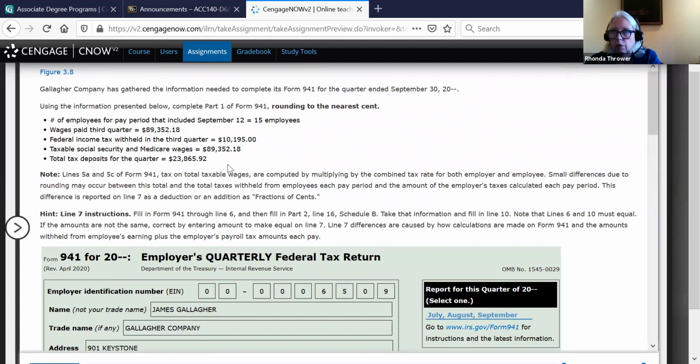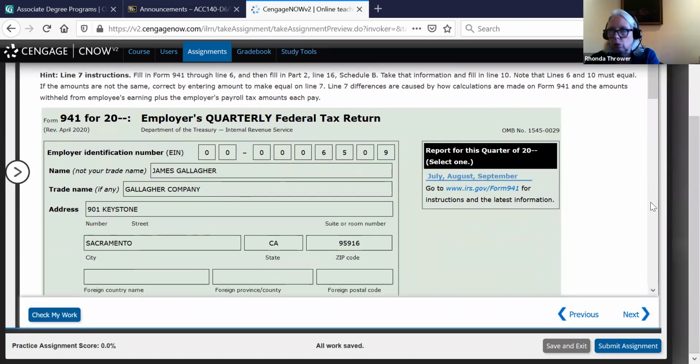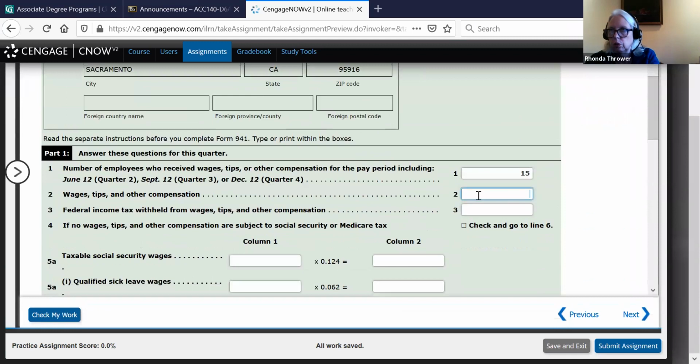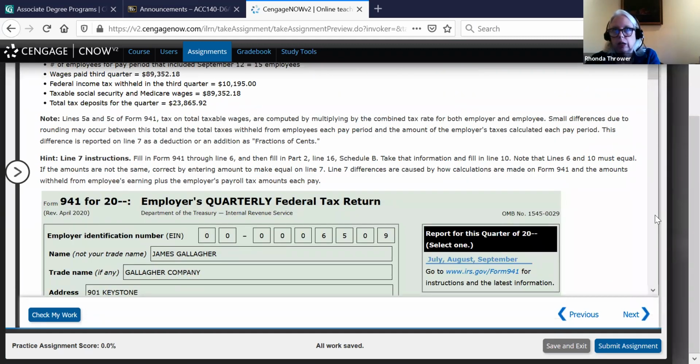The amount of the total Social Security and Medicare taxes is $89,352.18. So on line 2, we're going to put that amount in there. Again, the amount is $89,352.18.